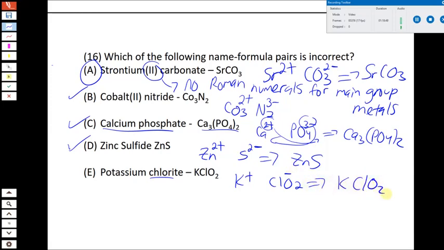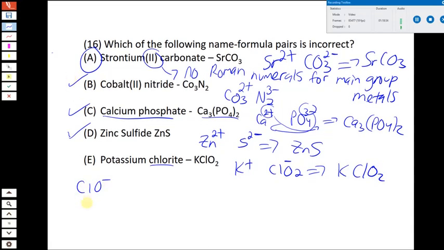All right. Some of the hardest anions to remember are this series here. We have all these oxo anions with chlorine: ClO-, ClO2-, ClO3-, ClO4-. So remember that we start with hypo, that means low number of oxygens. The one that has the least number of oxygens has a hypo prefix and an ite ending.